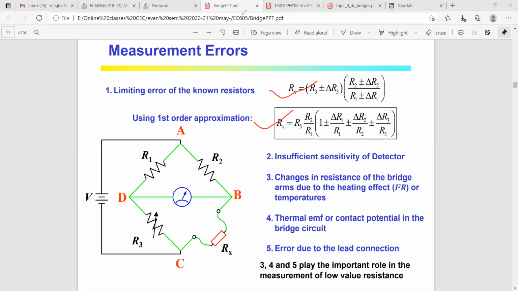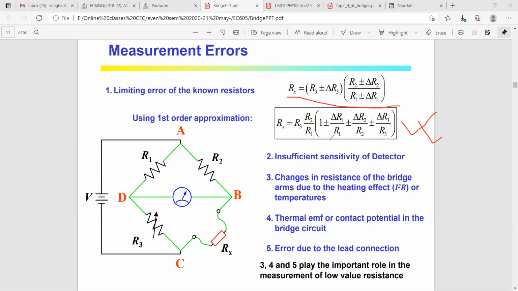But before that, see this formula clearly. Using first order approximation, the formula you can see here, Rx has this formula. Take this down in your copy, because now we will do two problems.